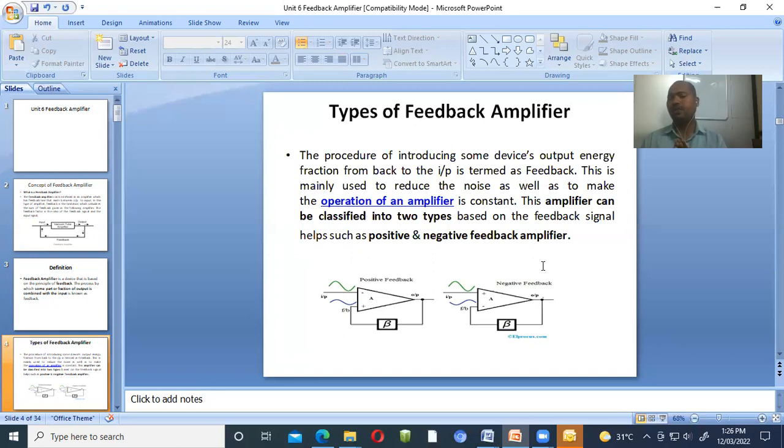Part of the output means some of the output energy is again fed to the input. This is nothing but feedback. Whatever output is coming should be applied to the input. According to it, there are two types, positive and negative feedback. I have given an example of it.